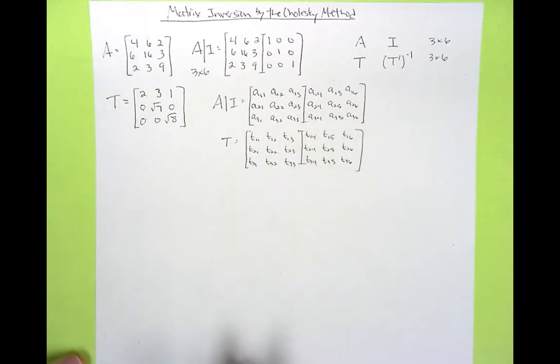Okay. Once again, we did get this T using the Cholesky method, as we see in video 3.23.